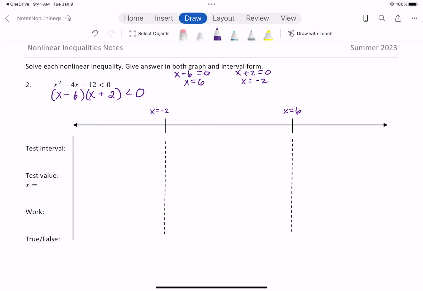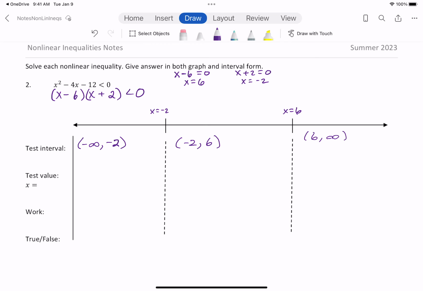So my intervals: the first one is going to start at that arrow on the left, and it goes to the endpoint at -2. The middle region is -2 to the next endpoint of 6. And then the last region starts at 6 and goes out to positive infinity.